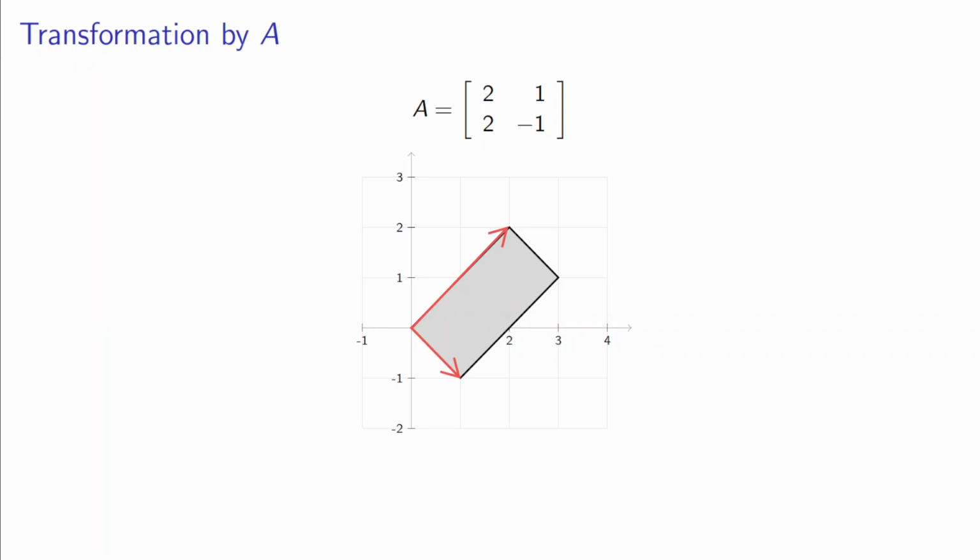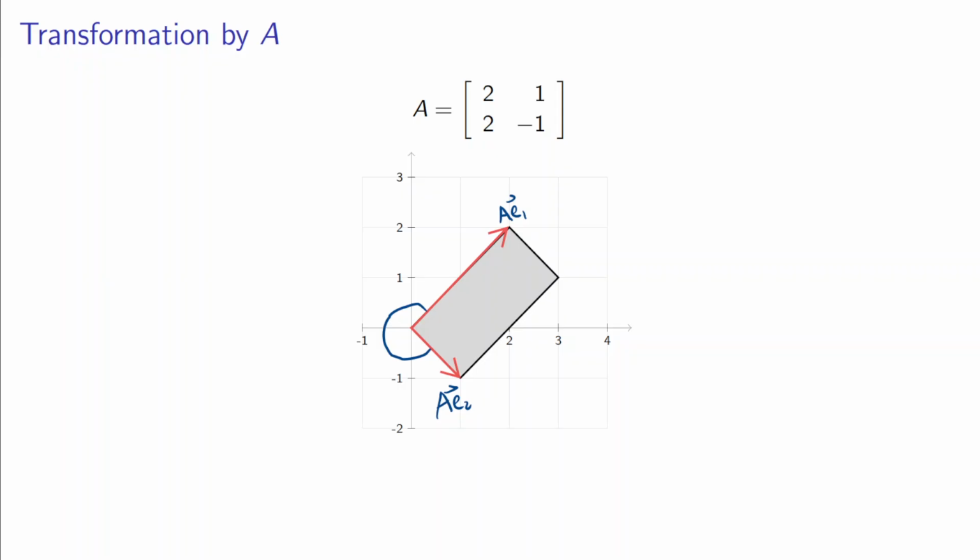So you could see that the orientation got flipped, right? So this is A E1, and this is A E2. And so now as we go from the transformed version of E1 to the transformed version of E2, that angle in the counterclockwise direction is greater than 180 degrees. So we get a negative orientation for those.